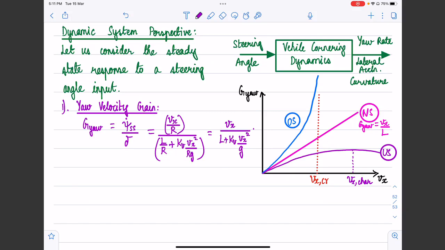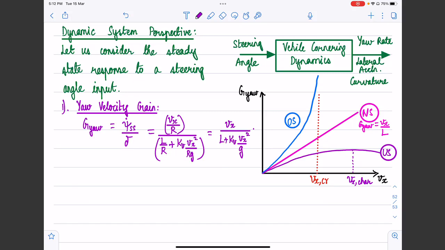You can essentially see the yaw velocity gain flattening, as the slope of the yaw velocity gain versus Vx becomes equal to 0 at the characteristic speed. Please do try this out.